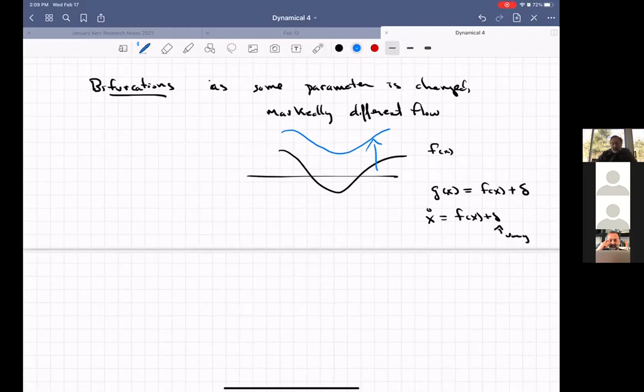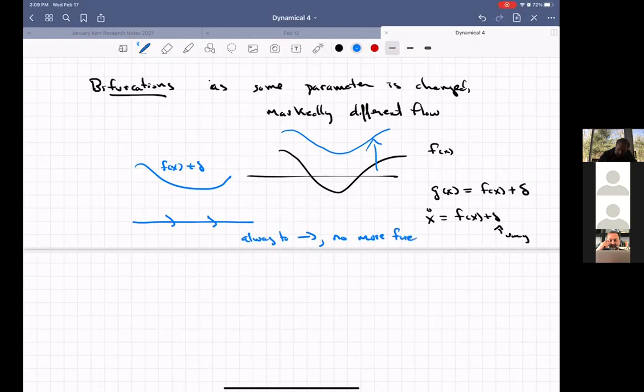So if delta was some positive number, this would lift the whole function up. And at a large enough delta, if my function looked like that, my flow would be just to the right. So if this is f of x plus delta, the flow is now always right, and there's no more fixed points. So we've had a change in the number of fixed points.